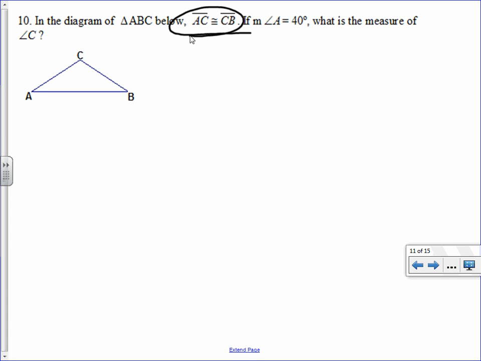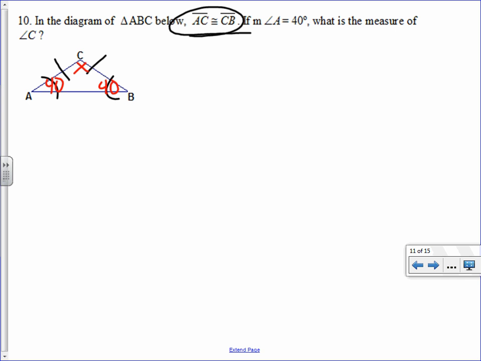This is so important. A lot of students see this and ignore it. As soon as you see that AC is congruent to CB, mark it, mark the angles opposite. Such a small thing, but it goes so far. Angle A is 40. If this is 40, and you mark that these are the same, this must be 40 as well. It wants to measure angle C. Always put an X in what you're trying to find.